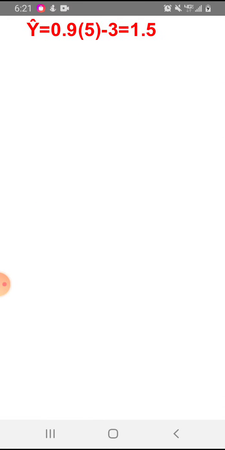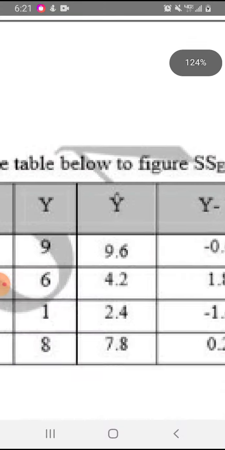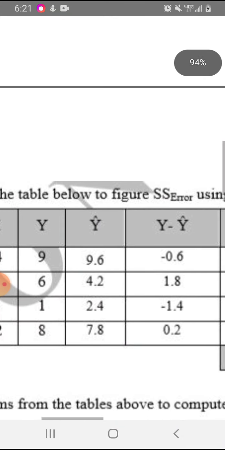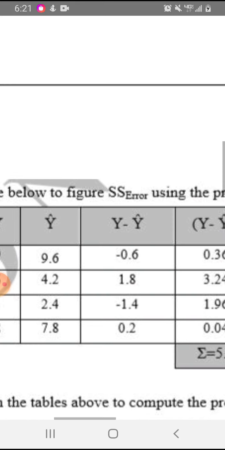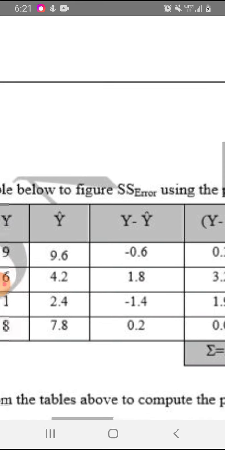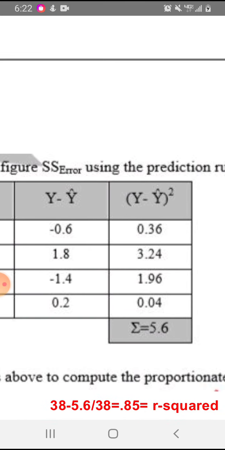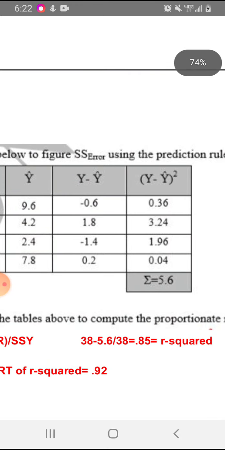So you do that for each x value, and you will get these y hat numbers. Now, once you get these y hat numbers, you're going to take the original y minus y hat. So you do that for each participant, and then you square them. So once you square them, you add them up, and now you have SS error equals 5.6.